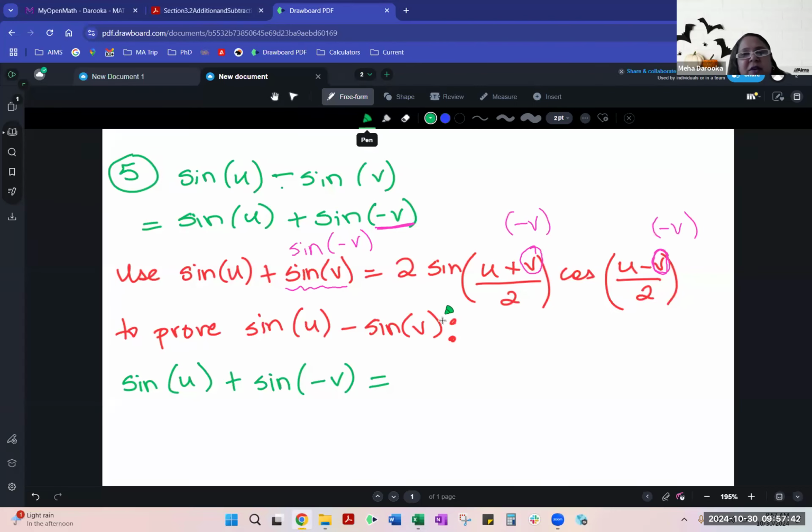I'm going to give you a minute to work that out and make sure you are able to verify that, and then we can do a quick follow-up to make sure everybody was able to get that. Everywhere that you have sine of v, you're plugging in negative v where originally the identity has a positive v, and then you should be able to work through the math and make it work.